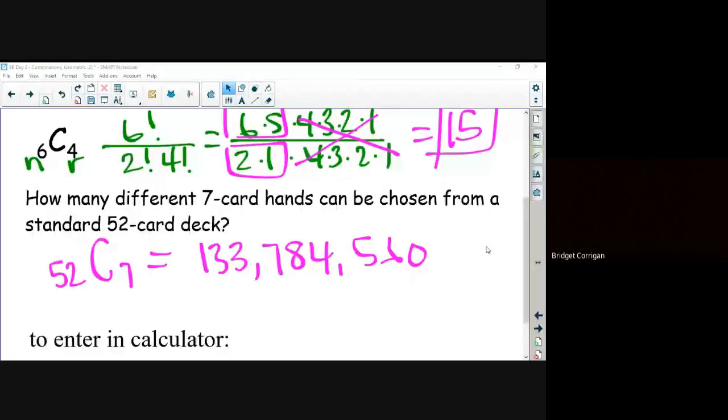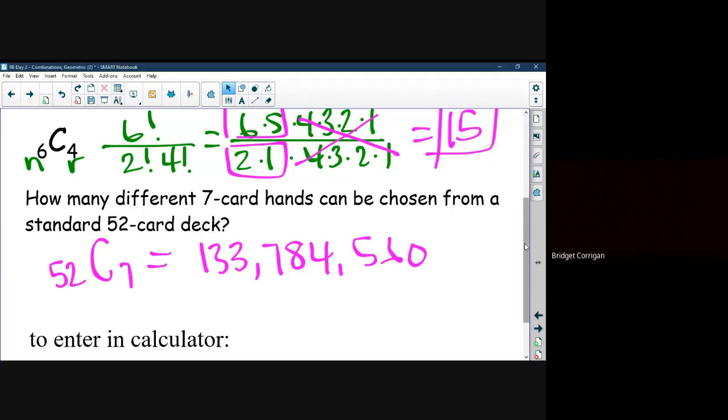Let's go back to our notes here. If we flip back to our notes, here we go: how many different 7 card hands can be chosen from a standard 52 card deck? There we just solved that.